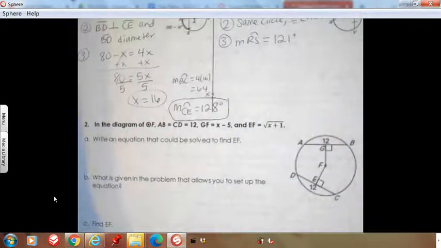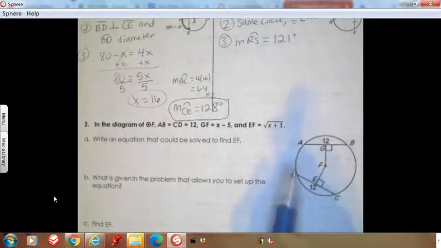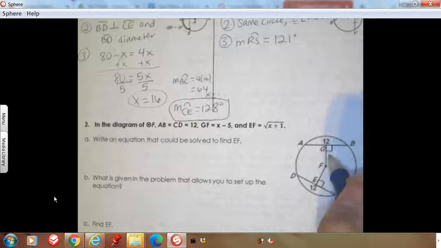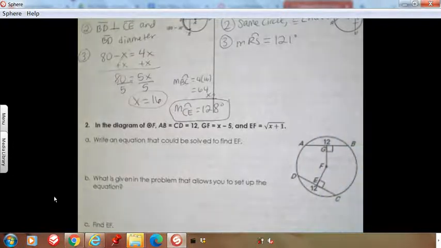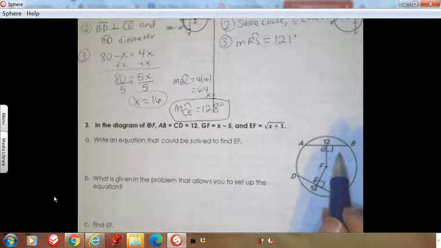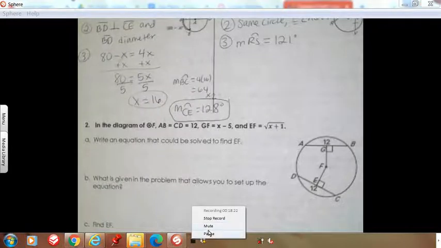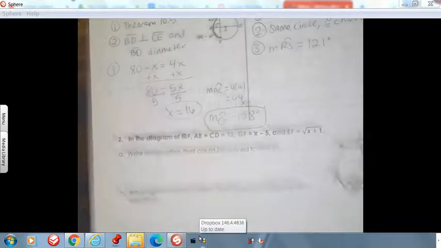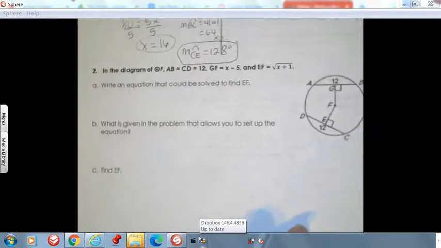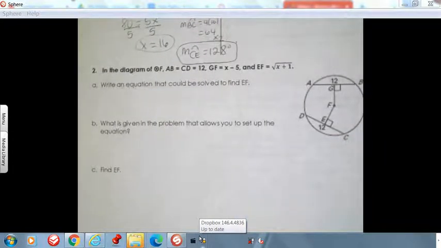So we have all these different measurements, and we have to substitute into an equation. So we have to write an equation to help us find what EF is.